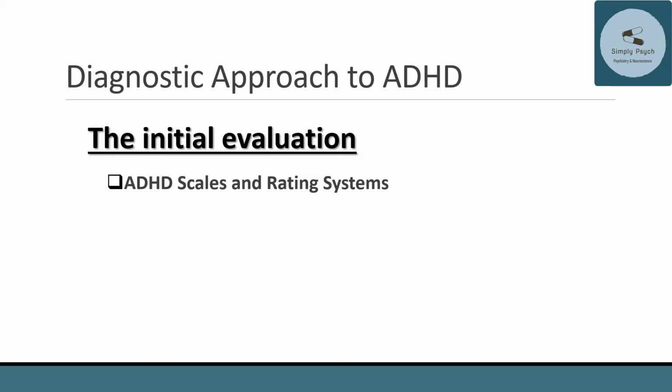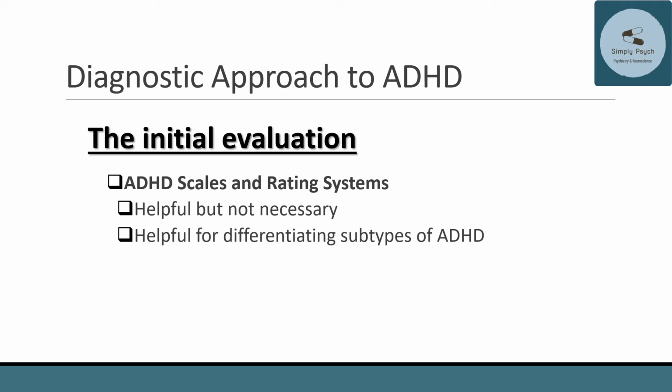So when it comes to your initial diagnosis, I typically like to use the ADHD scales and rating systems. There's a bunch of them. I think it's just helpful to better understand what's going on. Many of the rating scales have two separate parts, for the inattention type issues and then the impulsive hyperactivity type issues, and it gives you a snapshot.